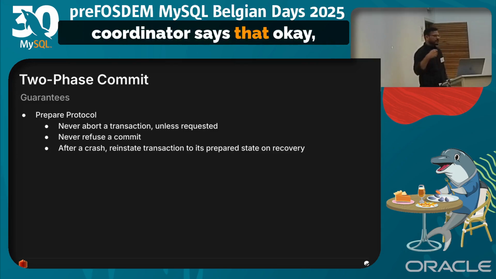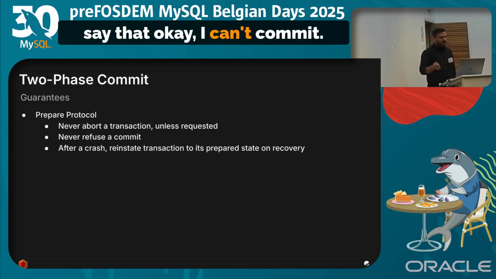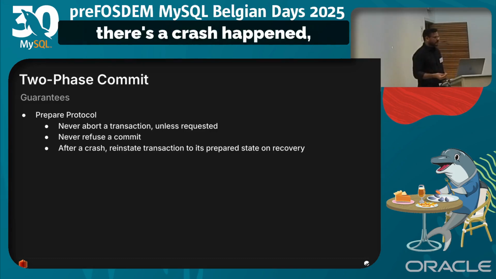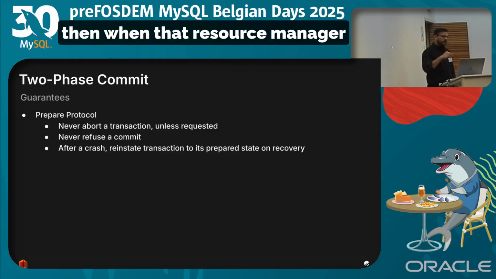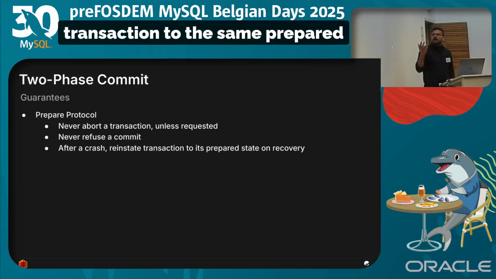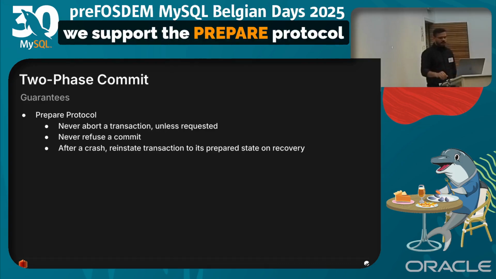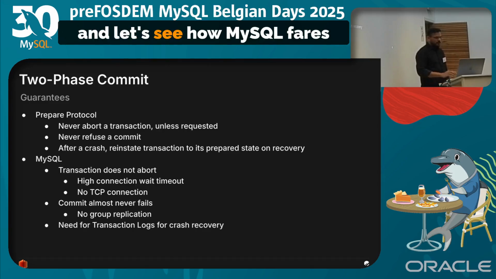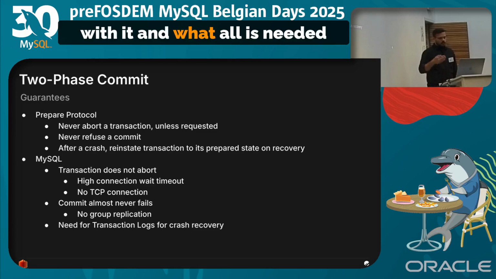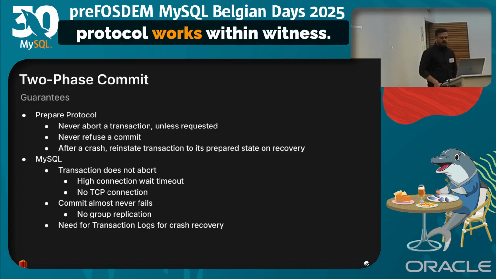If the transaction coordinator says that now you have to commit, then that database which acknowledged the prepare has to commit. There's no reason it can say, okay, I can't commit. And the third thing is, when a crash happens, then when that resource manager comes back, it has to reinstate your transaction to the same prepared state it was in before the crash happened. So if these three guarantees are met, then a database can call it out and say, yes, we support the prepare protocol. And let's see how MySQL fares with it, and what is needed for Vitess to also say that the prepare protocol works within Vitess.